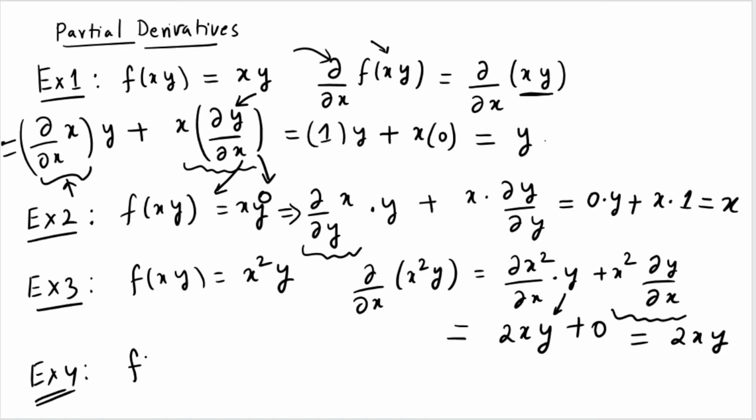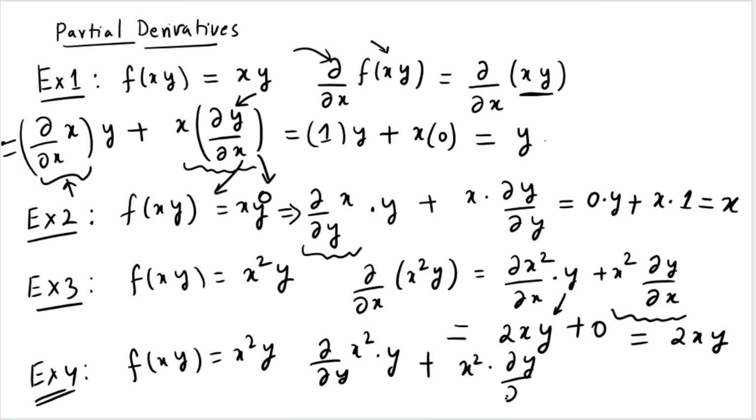Let's continue with one more example. Let me take x squared y derivative with respect to y. That is the partial derivative with respect to y. Once again, using the product rule, we can write ∂/∂y of x squared times y plus x squared into ∂y/∂y.